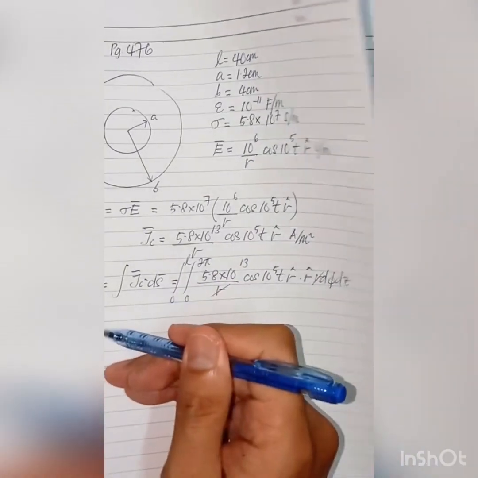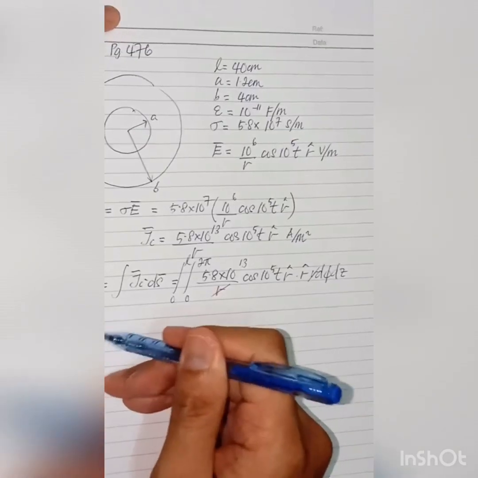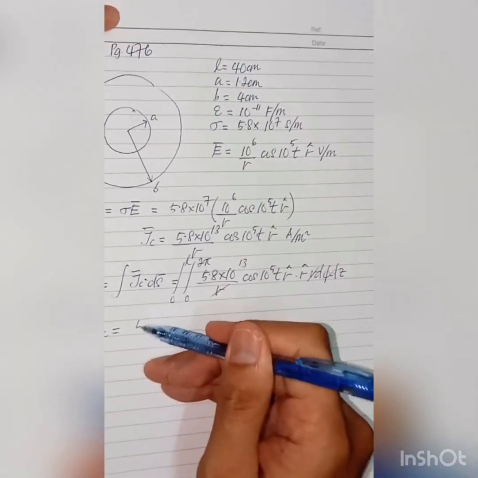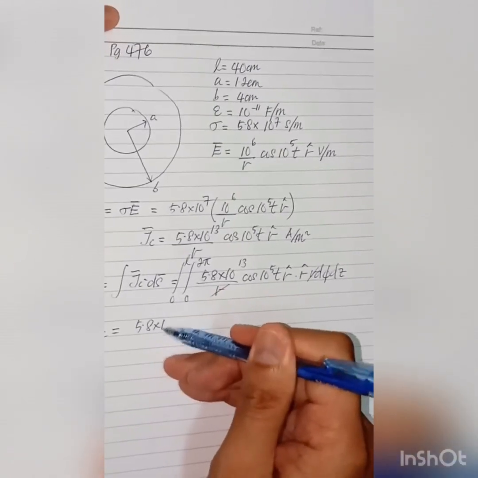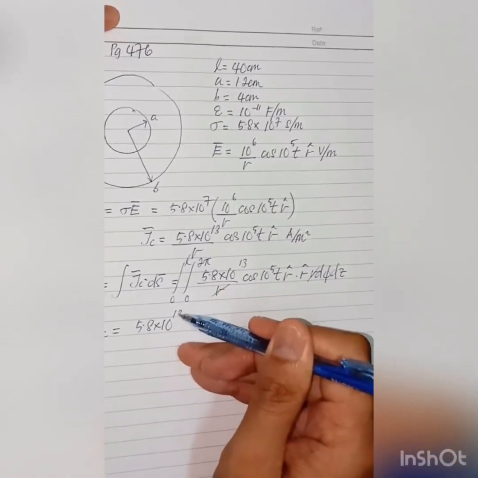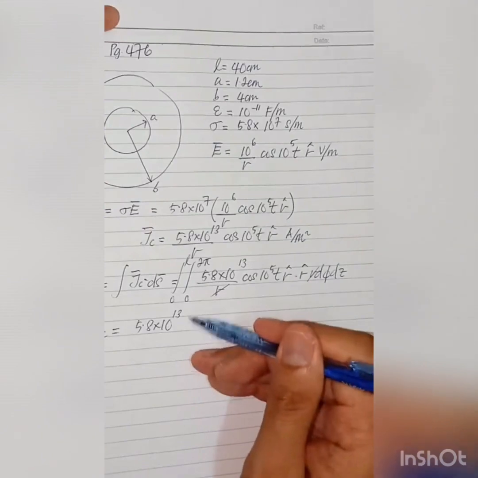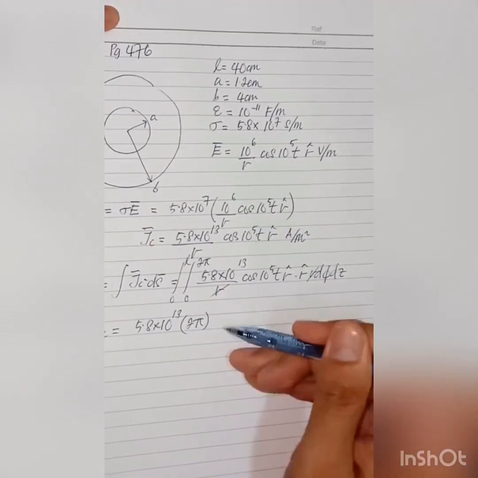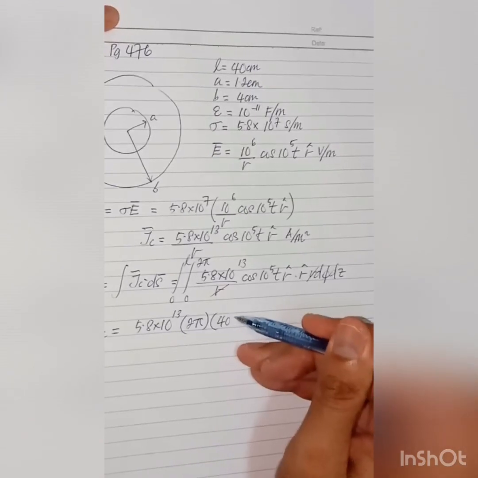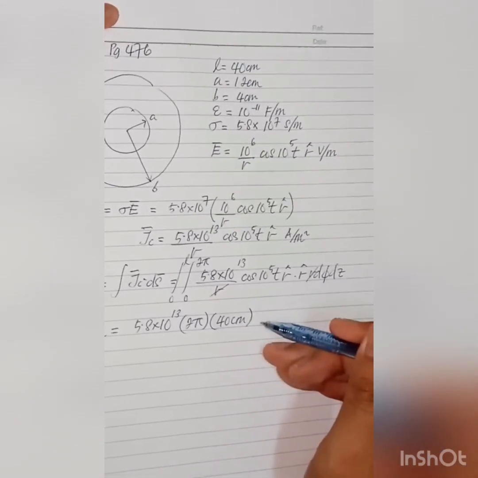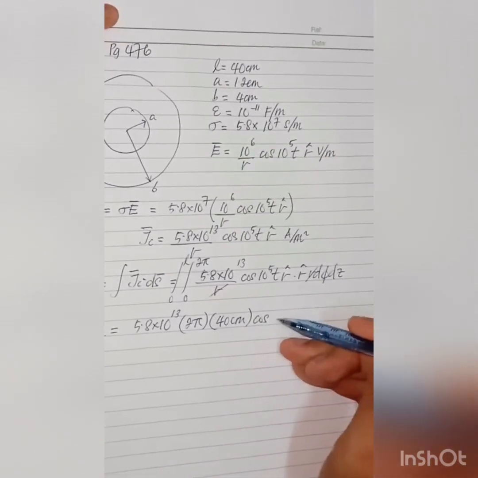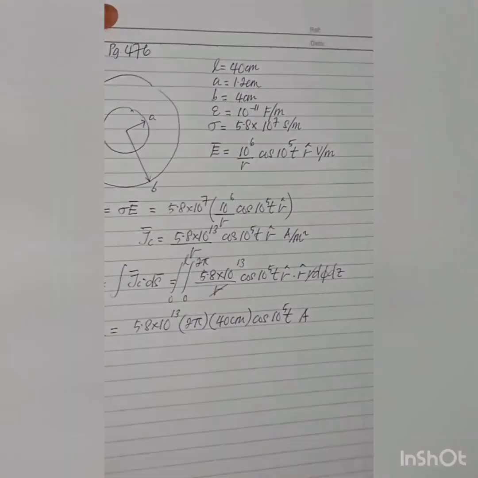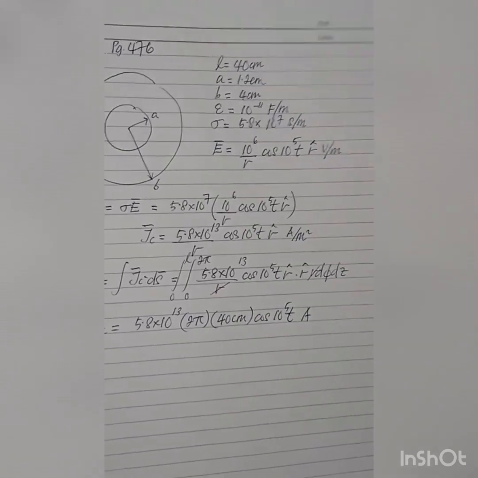So now you can have simply the IC, which is 5.8 times 10 power of 13, then just multiply with the dphi here, 2 pi, and then the L is 40 cm, and then the rest of the term cos 10 power of 5 t ampere.